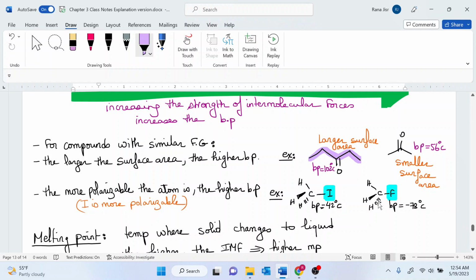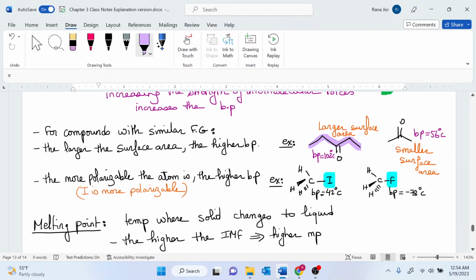For compounds that have different halogens, you have to look at the size of the halogen. As the halogen is bigger in size, it is more polarizable because the electron cloud around it is distributed over a larger surface area. So that is going to increase the boiling point.